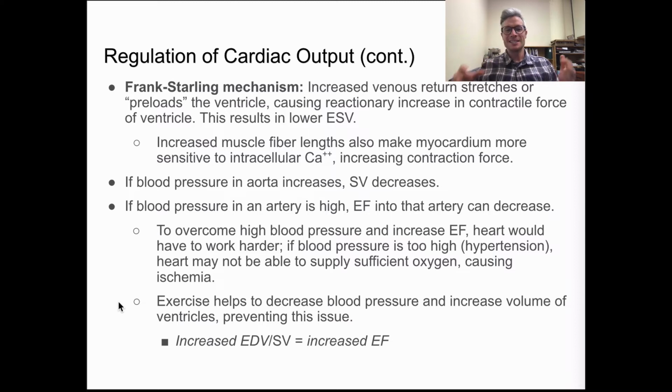The way it does it is it decreases blood pressure and increases the volume of the ventricles, right? So if we can have more of that Frank-Starling kind of preload, we can have a better ejection fraction because our end diastolic volume is larger. And so, yeah, okay, good.